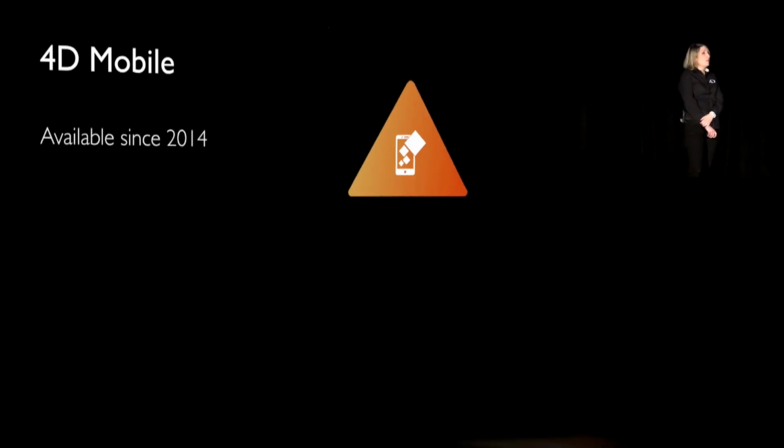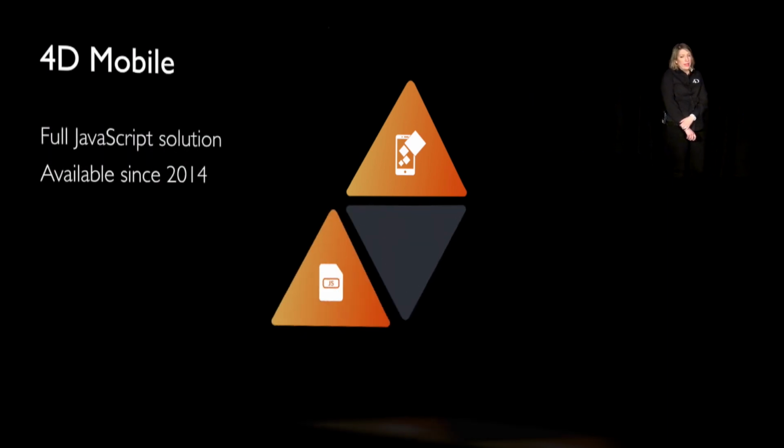Extending your business application is already possible with 4D Mobile, which was released with 4D v14. 4D Mobile is a full JavaScript solution based on Wakanda and connected with 4D. And 4D Mobile is very powerful, but it requires a deep knowledge of JavaScript and Angular.